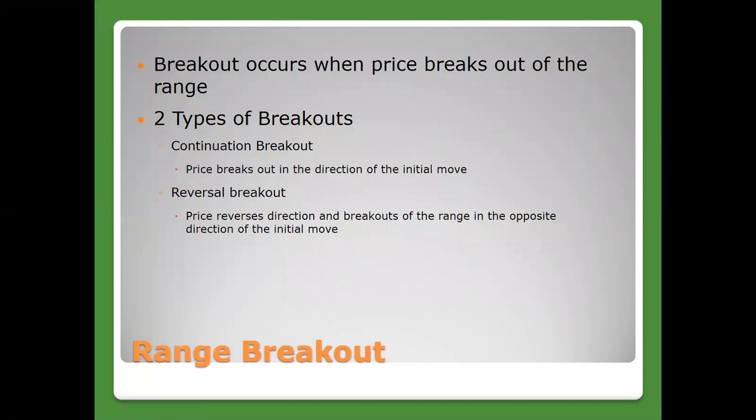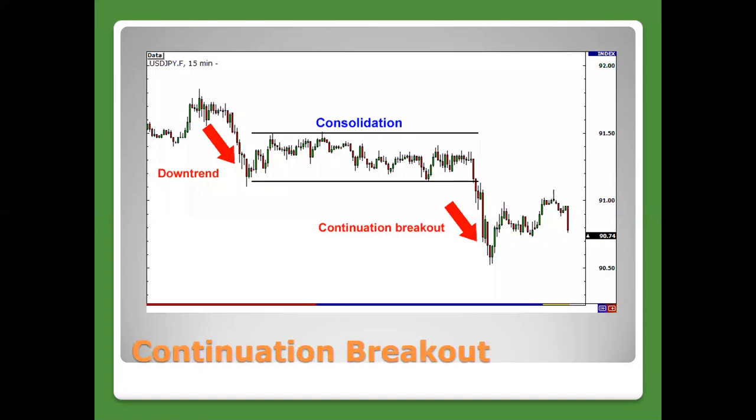The breakout occurs when the price breaks out of the range, which is the previous point where the price was. Now there are two types of breakouts: a continuation breakout and a reversal breakout. In our breakouts, we'll be talking about the continuation breakout type of trade. Before a trend gets established, we generally have a consolidation period.